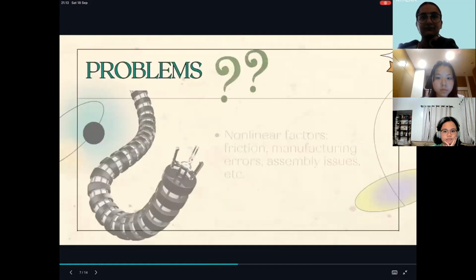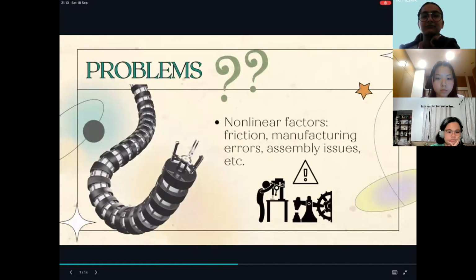Well, there are a few challenges when it comes to mapping the forward kinematics of continuum robots, and these can affect the robot's overall accuracy and performance. And some of these factors include friction, manufacturing errors, issues during assembly, and so on. So in this project, we tried to tackle these problems by using a data-driven approach, a machine learning-based approach.